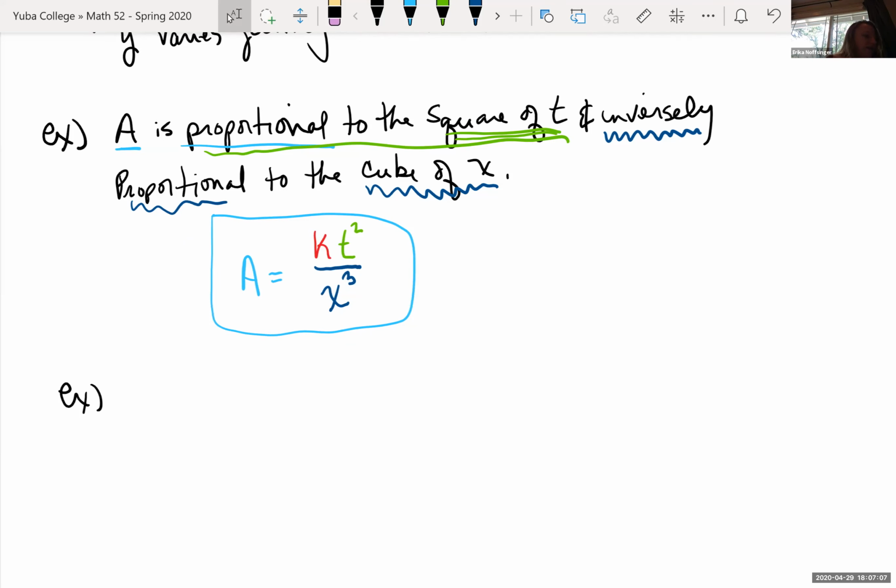Okay, so in this example, we're going to express the statement as an equation, and use the given information to find the constant of proportionality.